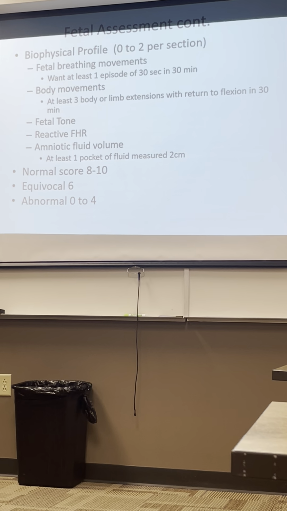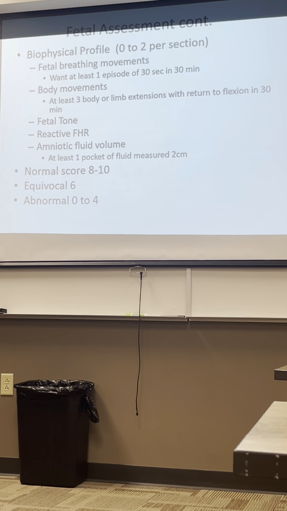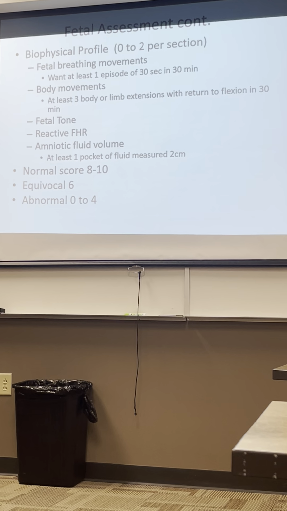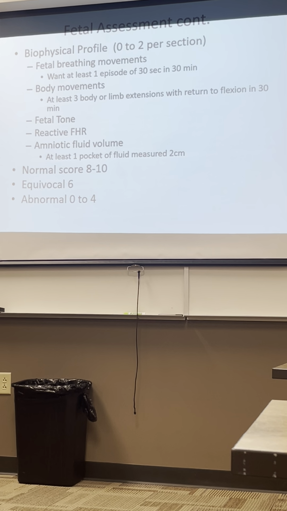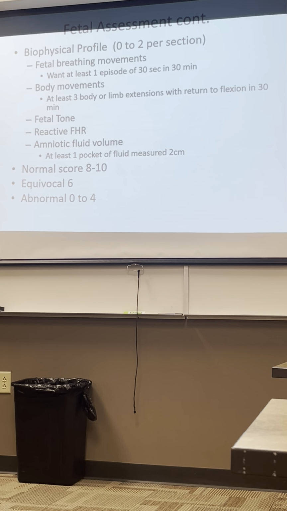Fetal tone, so gross movement or having it in, arms and legs in. A reactive fetal heart rate monitor test. And then looking at the amniotic fluid. We want at least 1 pocket of fluid measured 2 centimeters. So if they're 8 and above, that's a good sign. If they're below that, then they start to worry.